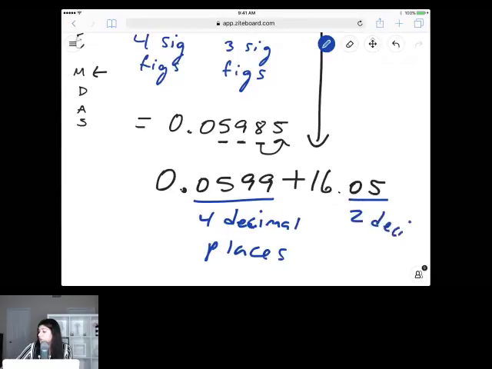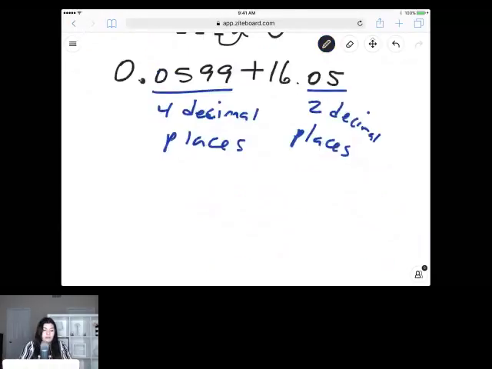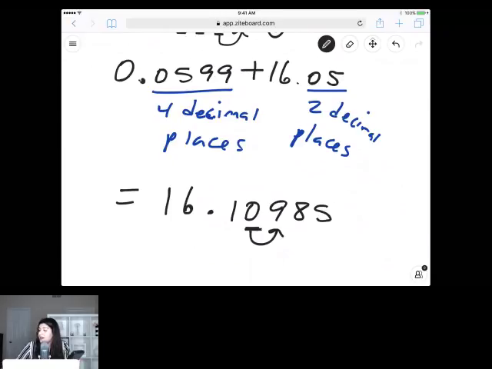So we're going to round to 2 decimal places after we add. That's 16.05. That gives us 16.10985, round to 2 decimal places. So we will stop right here, round up because of that 9, and your final answer is 16.11.